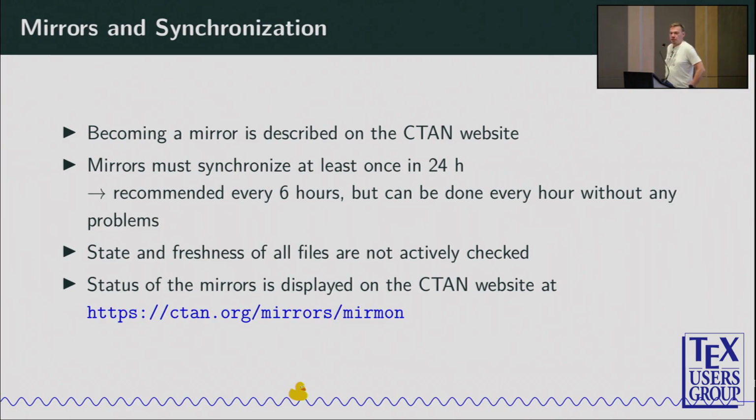If you go to this page, you see some are indicated as green. These are used for the redirector. Some are red. These are not used, but we hope that they will sync in the next time. They are still available, but not used for this time.